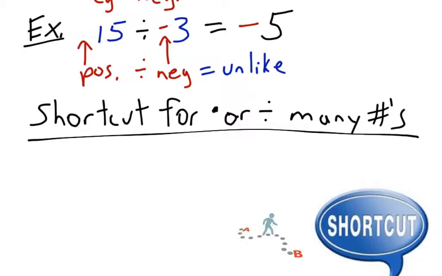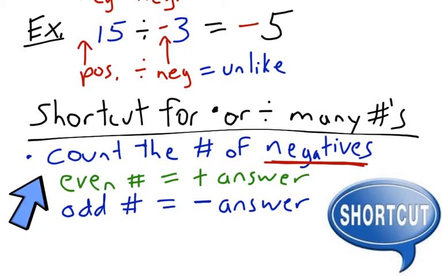And it's as simple as counting the number of negatives. So all we need to do is count the number of negatives. If we have an even number of negatives, we get a positive answer. If we have an odd number of negatives, like 1, 3, or 5, we get a negative answer. And that's your shortcut.